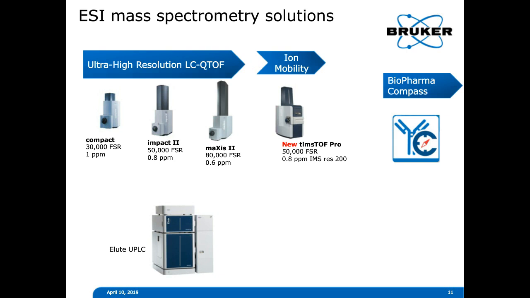The maXis II ETD MS system is the top of the line with a resolution of 80,000 and 0.6 ppm mass accuracy. The new timsTOF Pro that is based on the impact model has an added dimension of ion mobility and a superior ion mobility resolution of 200.